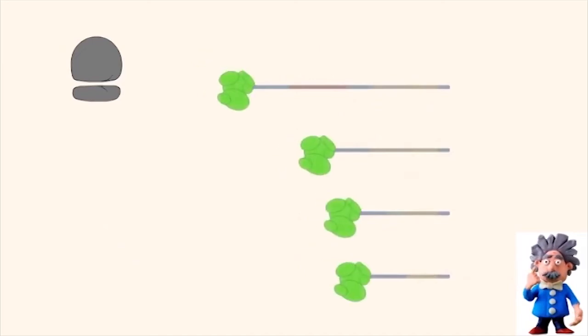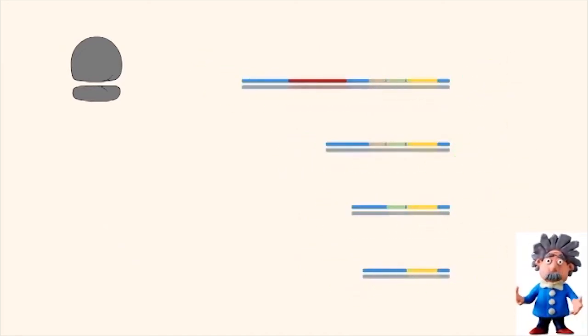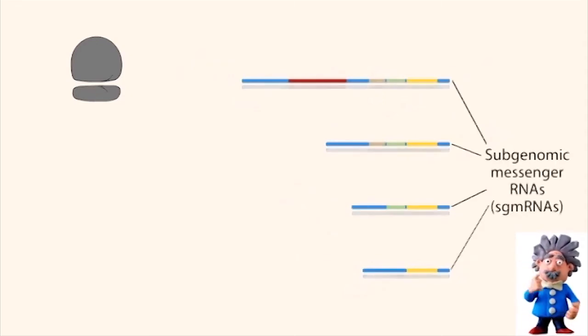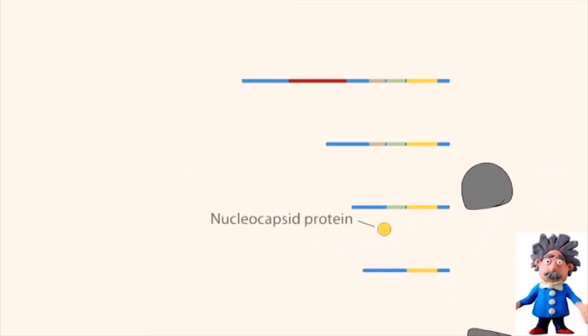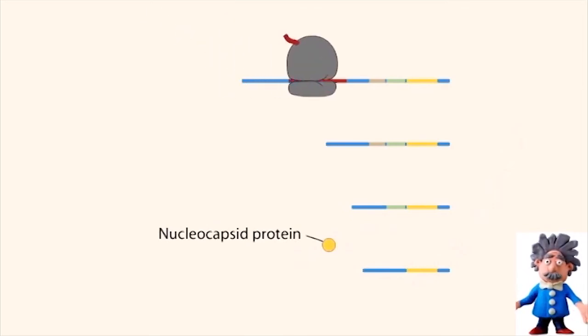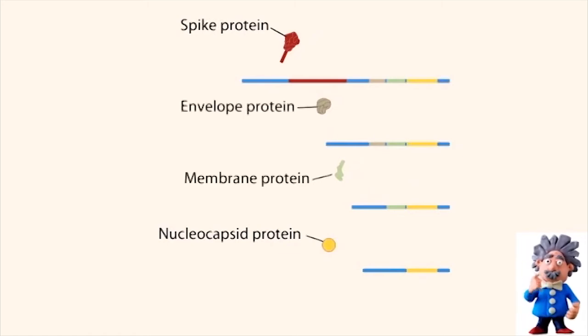The replicase transcriptase complex then makes copies of the small minus RNA strands to produce small plus strands. These strands are now called subgenomic mRNA. And the host ribosomes can now translate these subgenomic mRNA into viral proteins. Among them are the nucleocapsid protein, the spike protein, and 2 additional viral proteins found in the viral envelope.